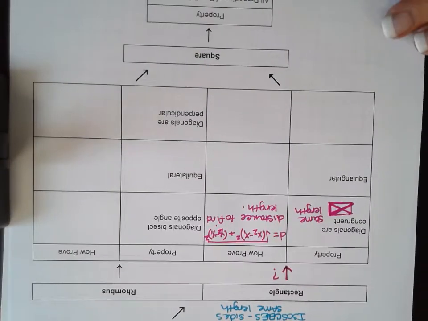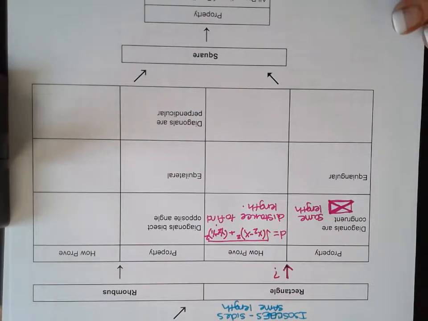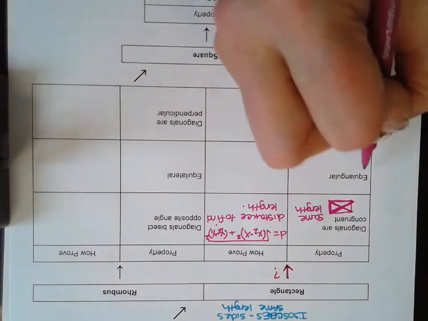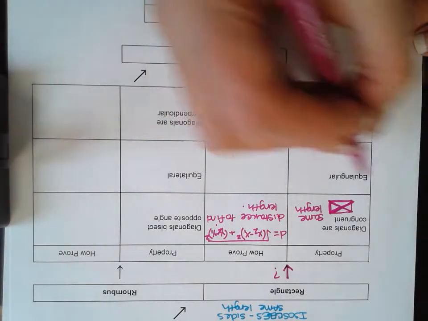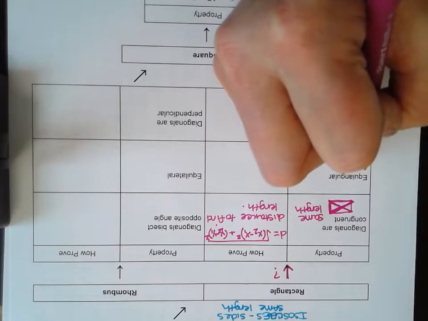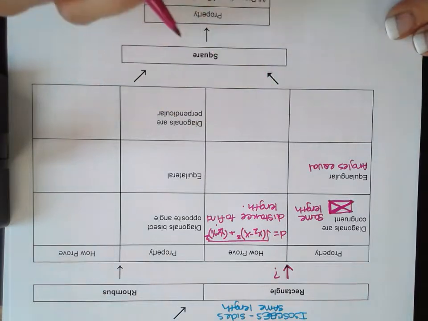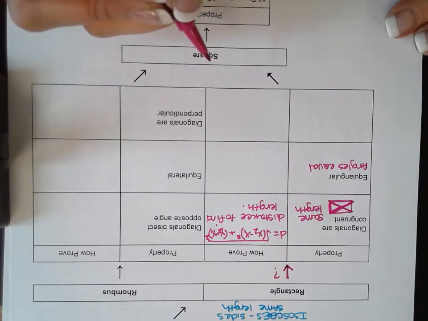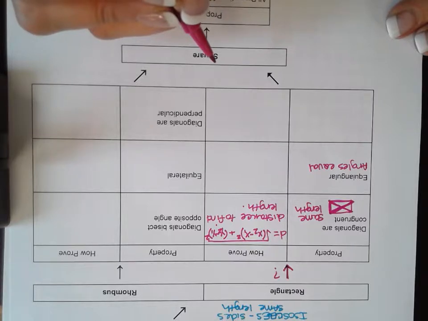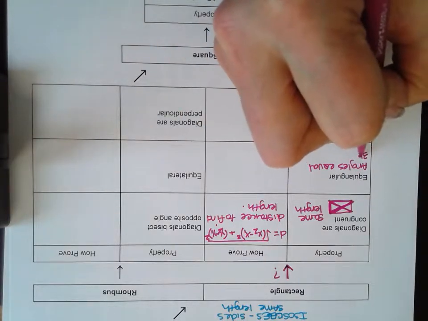If they're equiangular, what does that mean? The angles are equal. And what is the sum of all angles in a quadrilateral? 360.